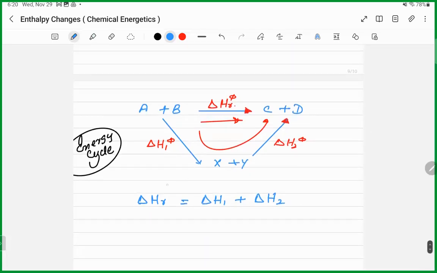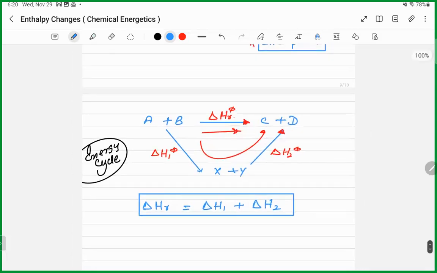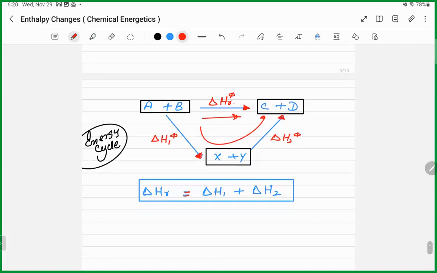This is basically called the Hess law, और हम इसकी equation को इस तरह से लिखते हैं.